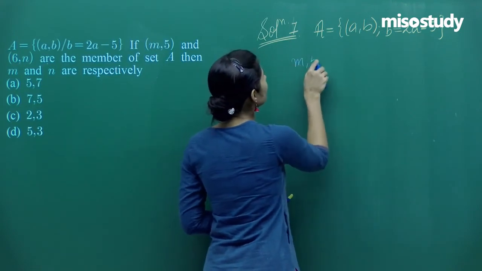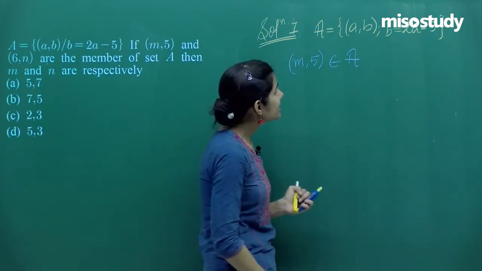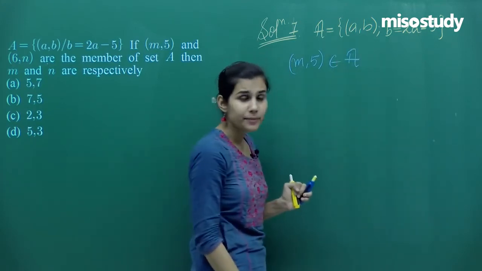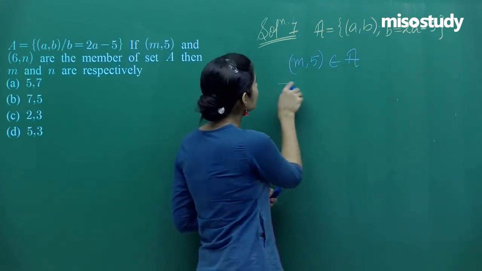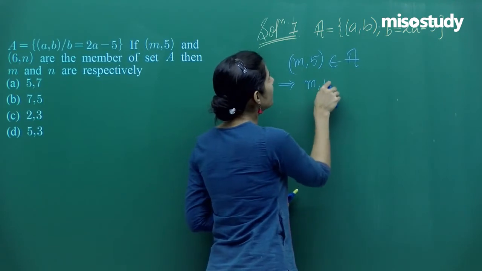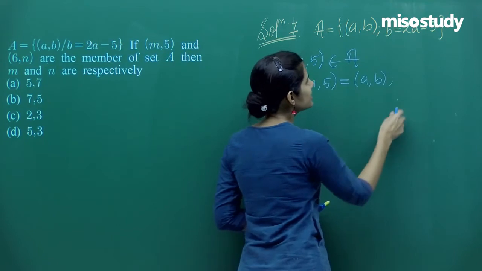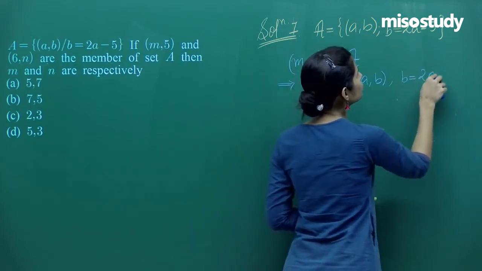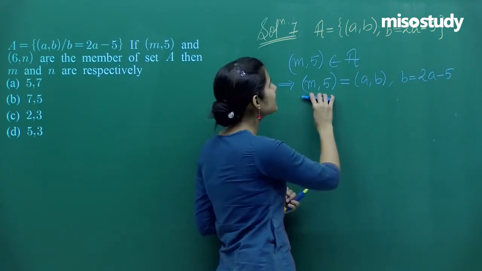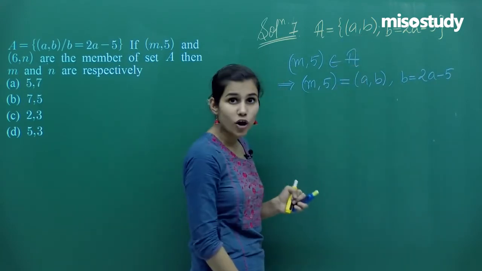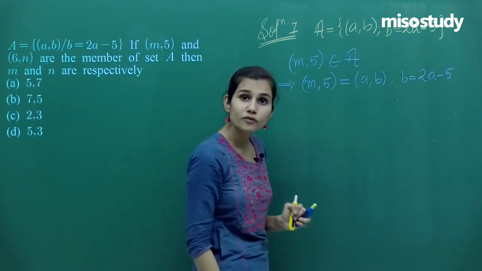If (m, 5) belongs to the set A, but in the set A elements like (a, b) belong such that b is equal to 2a minus 5, this implies (m, 5) is equal to (a, b) such that b is equal to 2a minus 5. For some (a, b), I don't know, this tuple is going to be equal to some (a, b) for which b is 2a minus 5, because (m, 5) is a member of capital A.